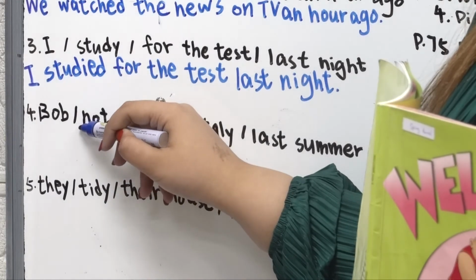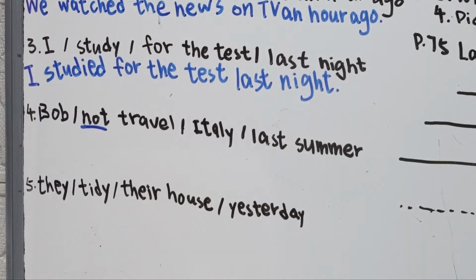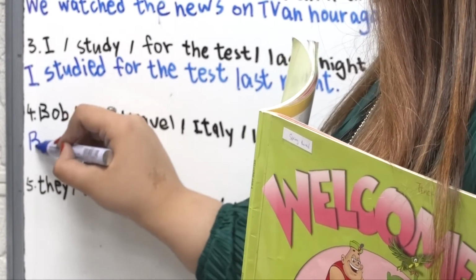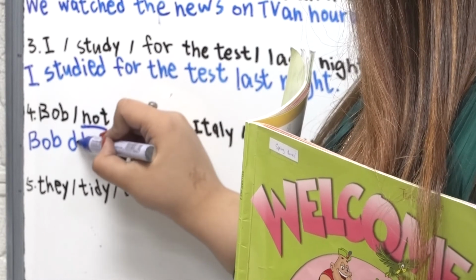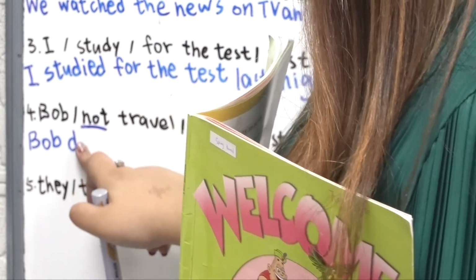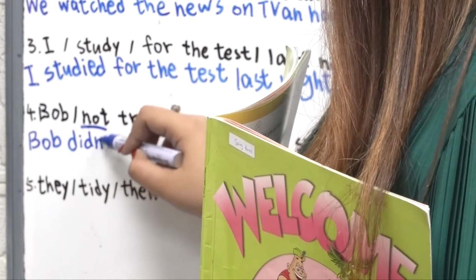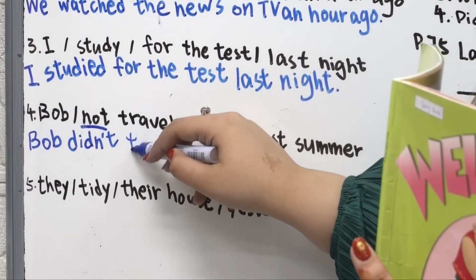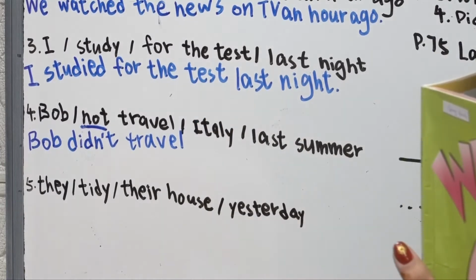Do we have to change the verb in the past when we talk about something that did not happen? No. Instead we add something. What do we add before not? Did. Did not becomes didn't, and then no change to the verb. We don't add ed, ied, or ing, nothing.